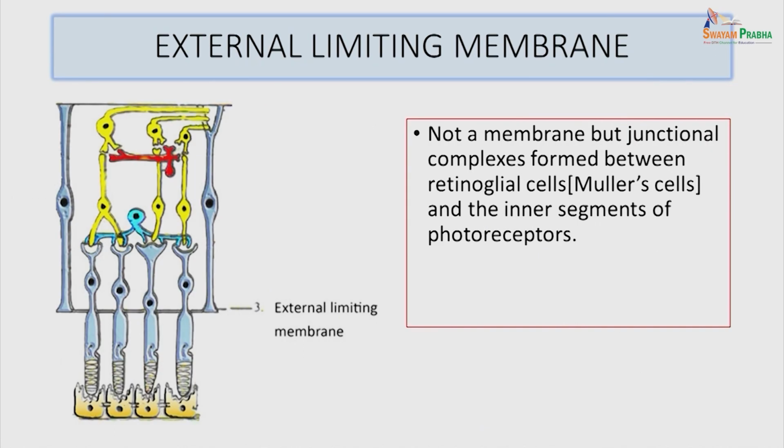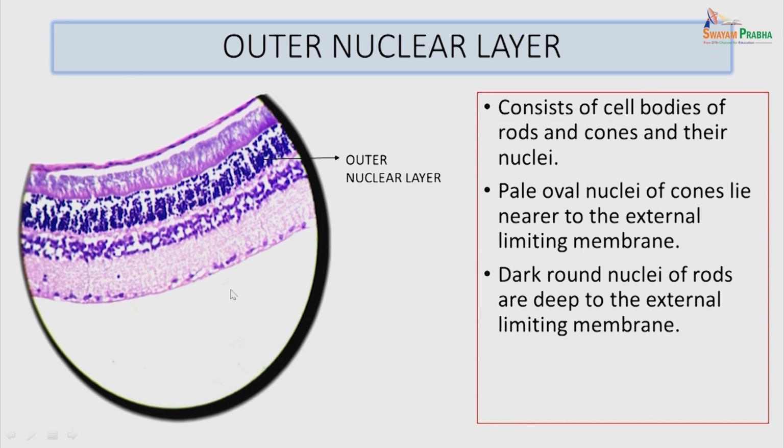The next layer is external limiting membrane. In fact, it is not a membrane, but junctional complexes formed between the retinoglial cells, that is the Muller's cell, and the inner segments of the photoreceptors will form this layer. This is the third layer, that is the external limiting membrane. Next is the outer nuclear layer, consists of cell bodies of rods and cones and their nuclei.